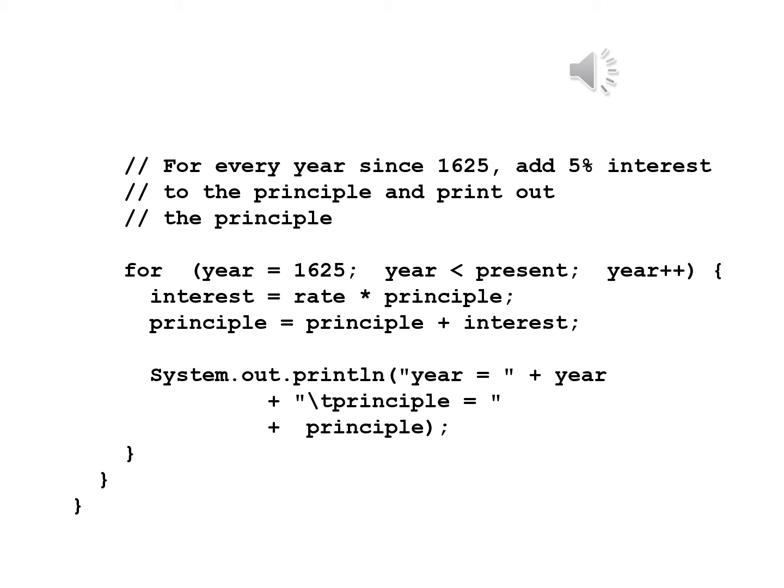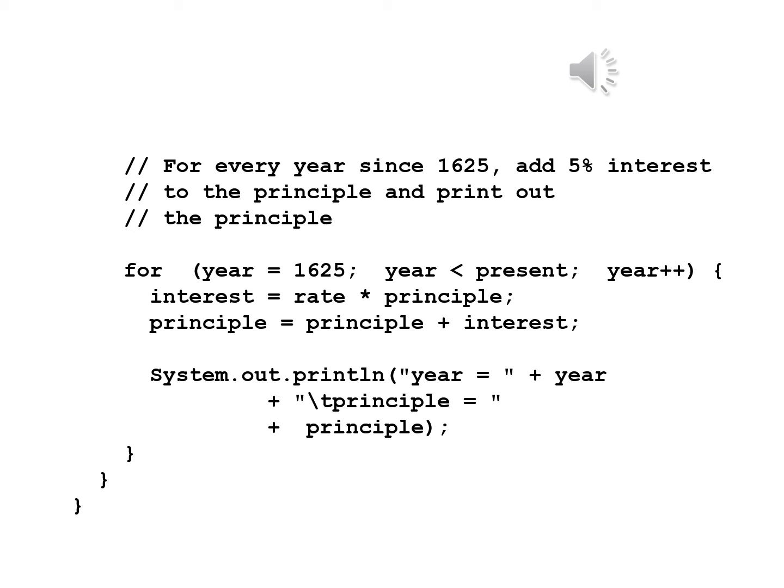The loop begins for, open parenthesis, year equals 1625 semicolon, year is less than present semicolon, year plus plus. We will start at 1625, continue until the year before the present year, and we'll add 1 to the year each time around.